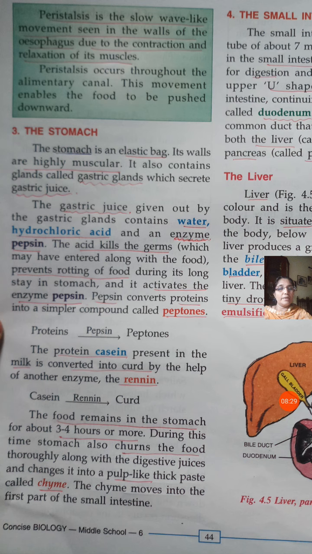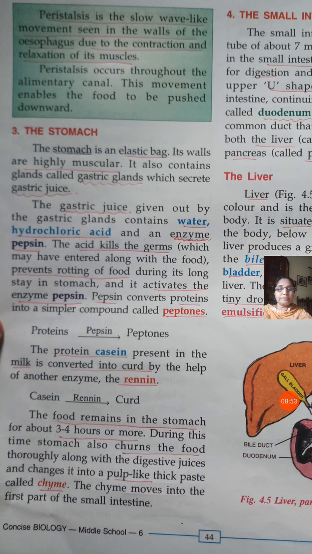Then only can it be digested by the human body. So it is said that if adults drink milk, they cannot digest it properly. Children can digest milk because the particular enzyme renin is present only in the childhood days.